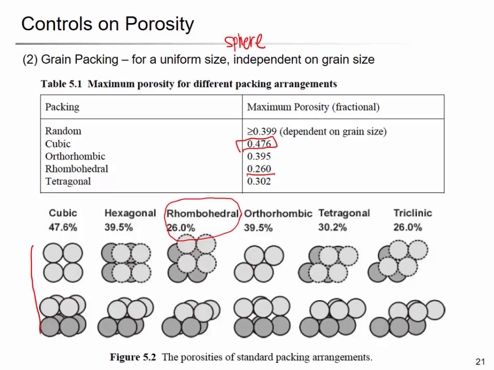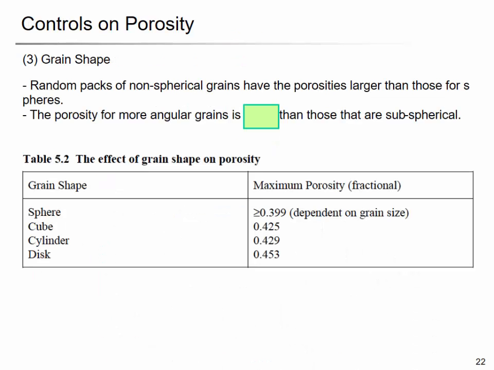But depending on the packing, you may have a different porosity. And the grain shape. So the grain shape can be spherical or non-spherical. And non-spherical grains will have a lower void ratio or a higher void ratio, so high porosity or low porosity compared to the round shape. High porosity. So non-spherical grains have porosities larger than those for the spheres.